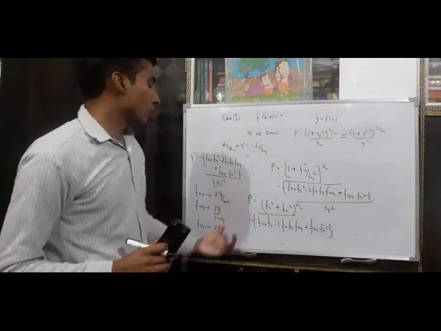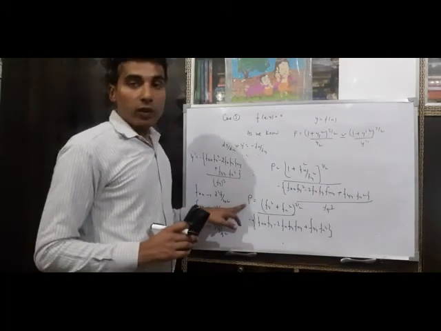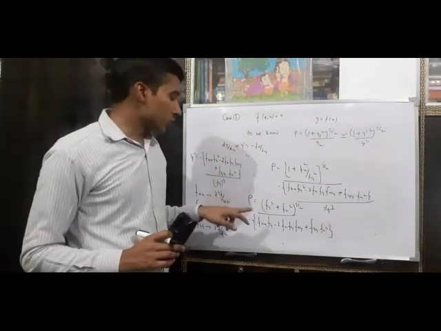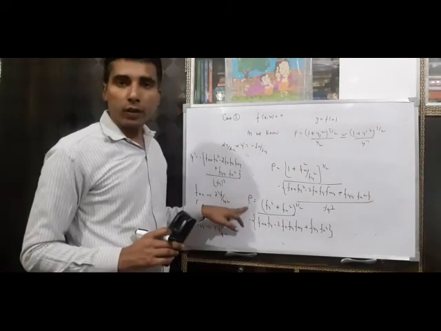So using this formula we can find the radius of curvature, and to determine only the curvature it is 1 upon the radius of curvature.